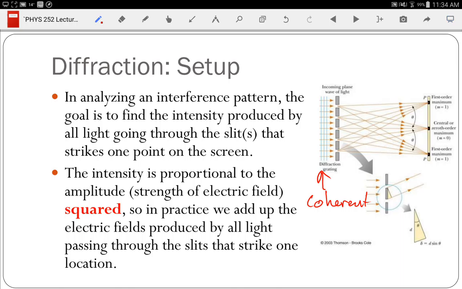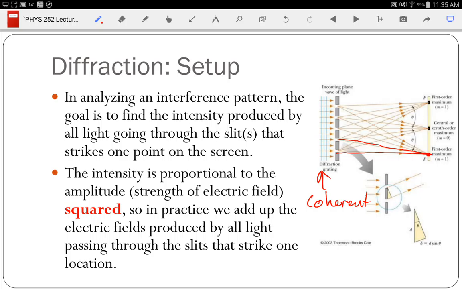So we have coherent light that's coming through the slits, and the light has different path lengths to get to some point on the screen. For instance, if we take this position that's labeled P, the light from this slit does that distance. The light from the next slit does that distance. And clearly, the second one is a larger distance than the first one.